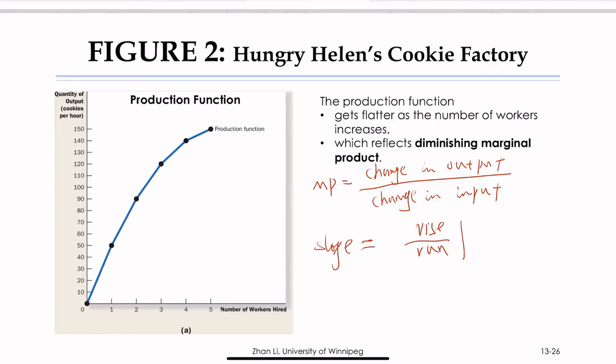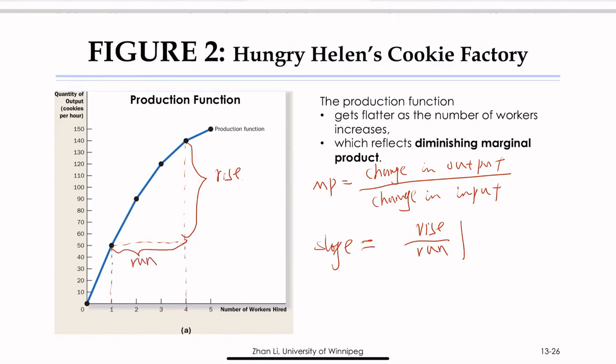In this production function curve, what is the rise here? Let's see how we could find out the rise. Let's say we go from 1 worker to 4 workers. What is the rise? This is the rise. What is the run? The run is given by this.